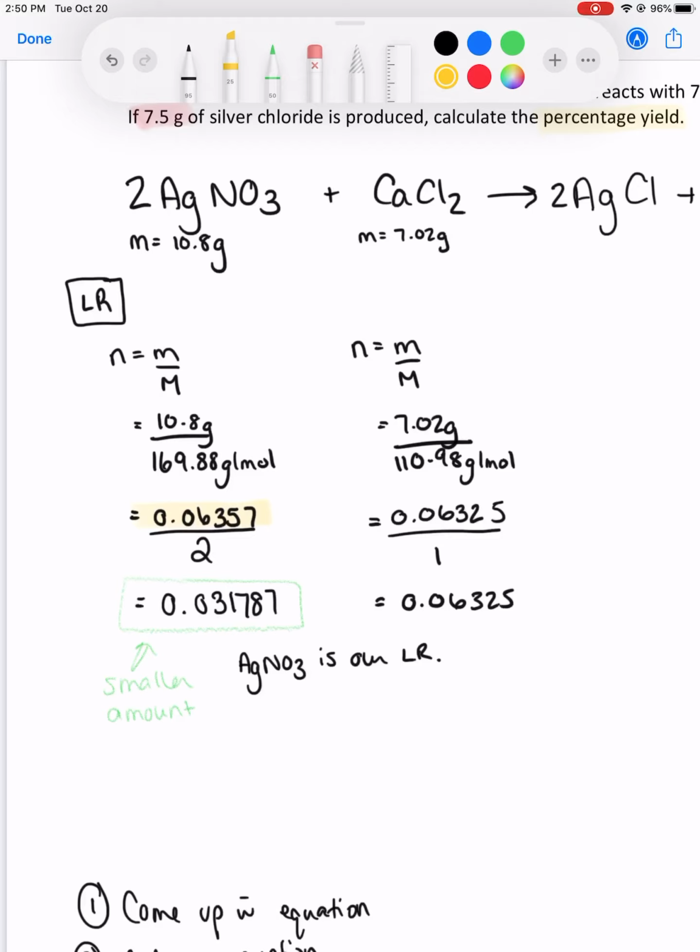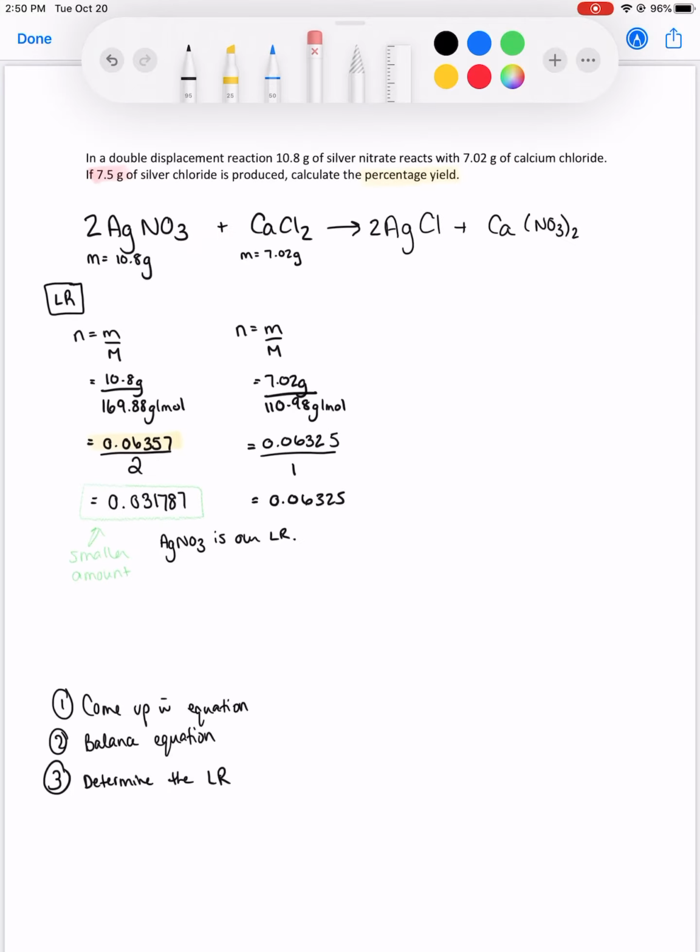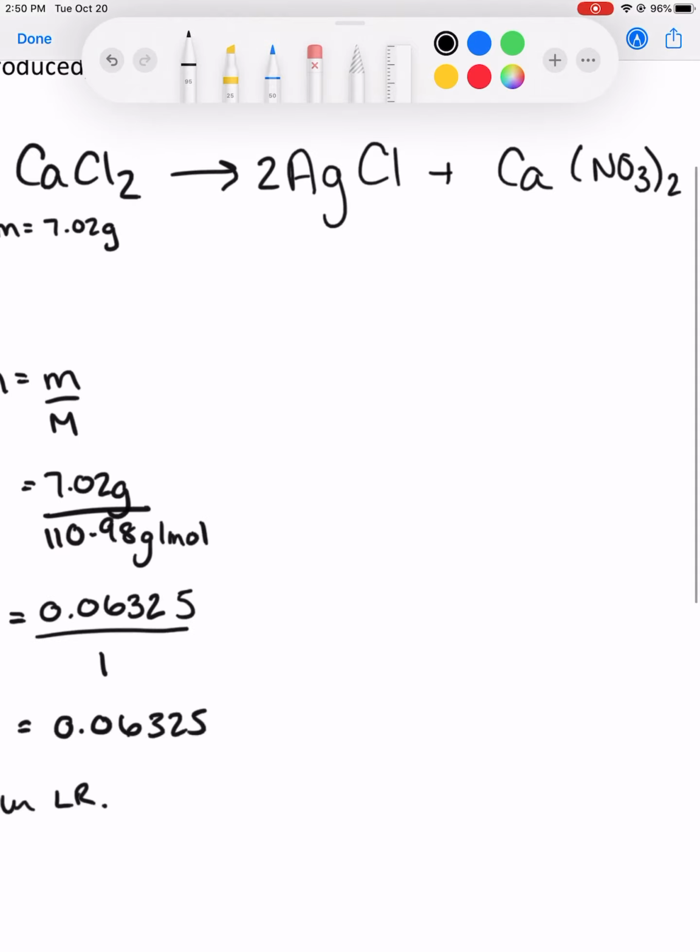Okay? This section here is just to determine the limiting reactant. Okay, this is just an extra step. So we're not using the 0.031. We're using the 0.06357. Oops. Okay, so that was our limiting reagent. Now we're going to do the mole ratio.